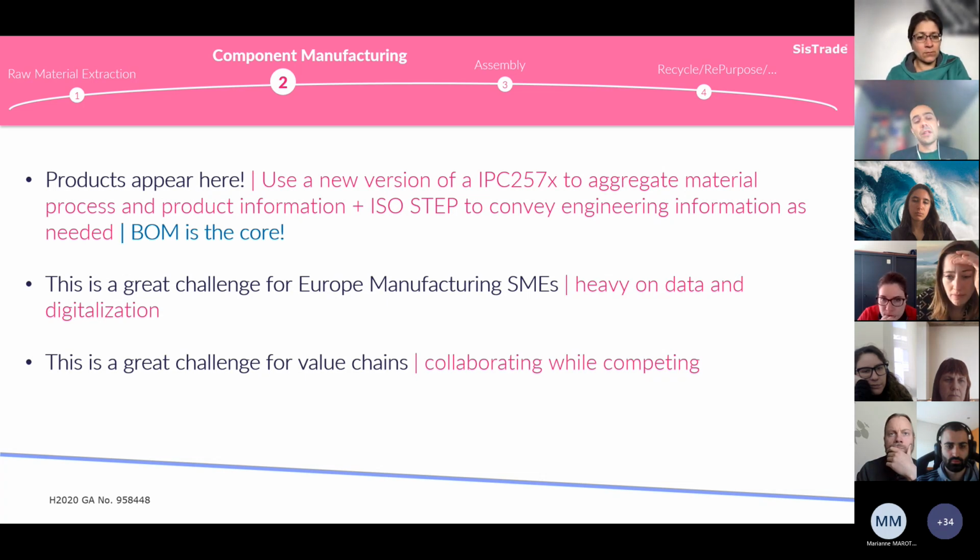Of course, this is a great challenge for the European SMEs because it is heavy on data and digitalization. And this is also a great challenge for value chains because partners need to collaborate while competing.